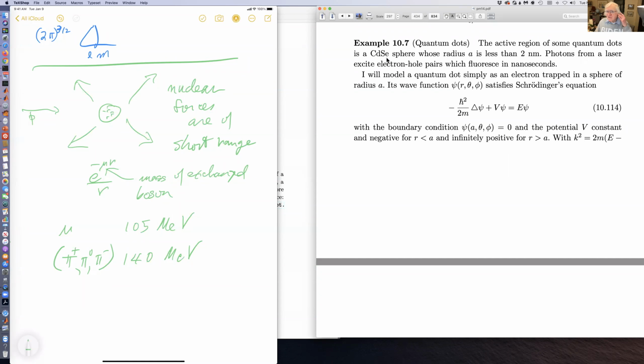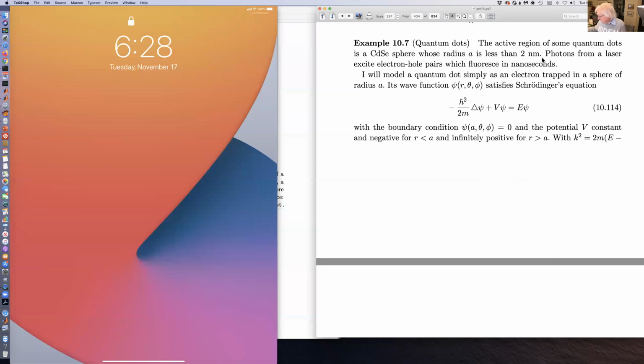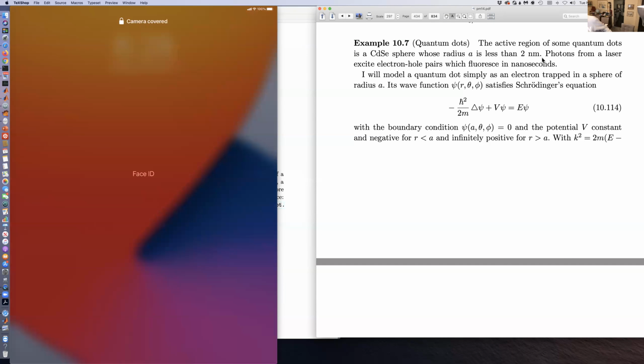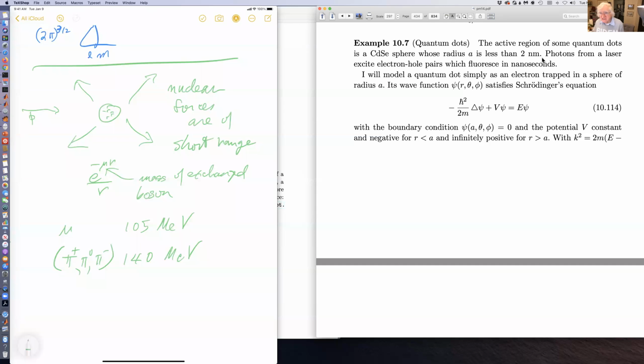For example, it might be a cadmium selenium sphere, radius less than 2 nanometers, a very tiny object, and photons from a laser can excite electron hole pairs, which then radiate in nanoseconds. So we can think of this quantum dot simply as an electron trapped in a sphere of radius a.